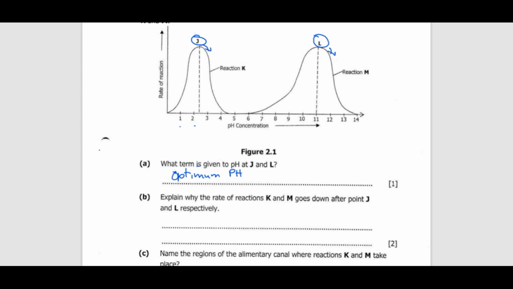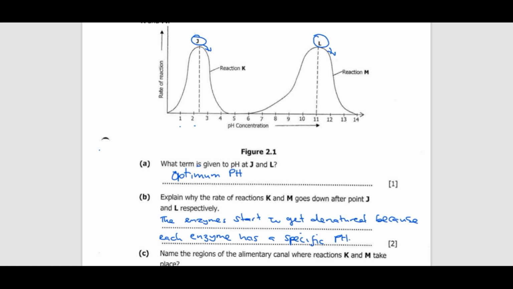So we are saying that the enzymes start to get denatured because each enzyme has a specific pH.